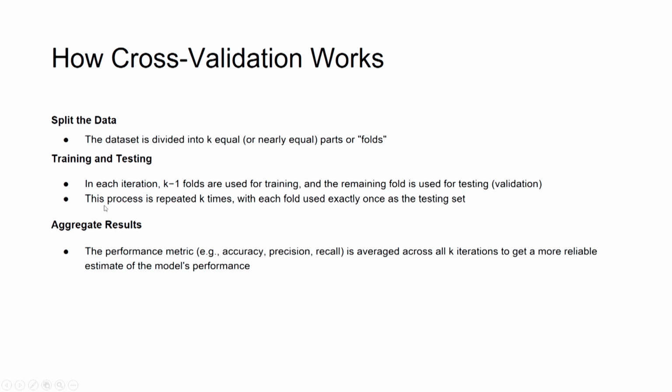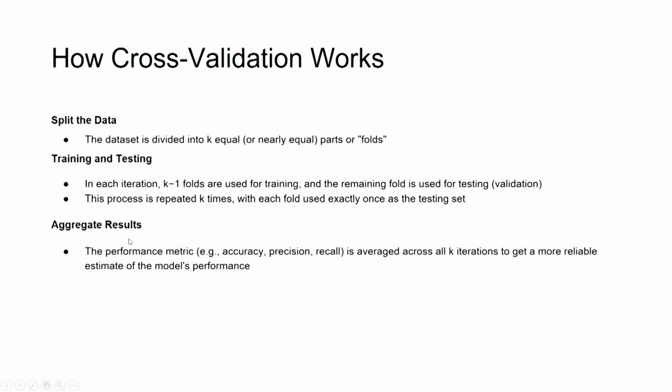This process is repeated k times, so you get a total of k folds on which your model is tested, and it was not trained on those folds in different iterations. That is giving you the opportunity to make your model more generalizable.